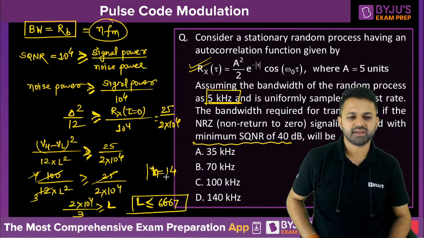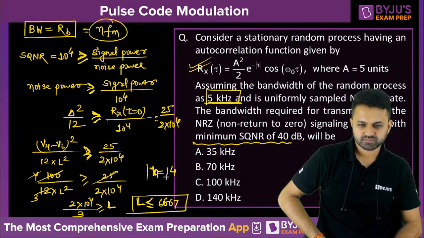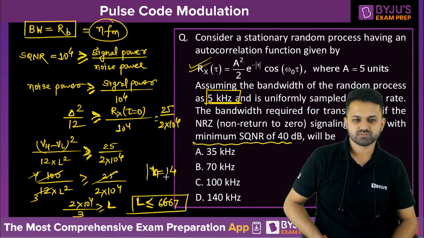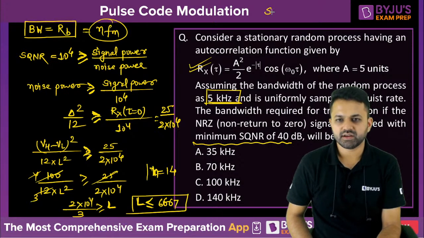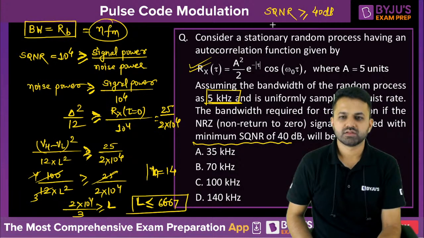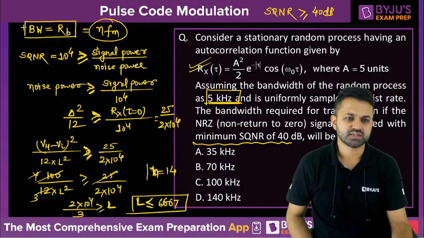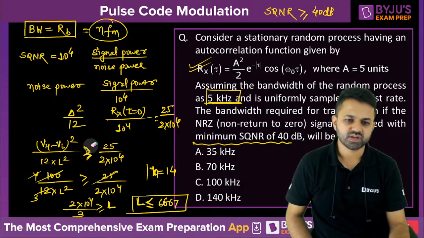Okay, now tell me. This signal to quantization noise ratio should be greater than or equal to 40 dB. So yes, that is what I was doing wrong. This should be greater than or equal to actually.